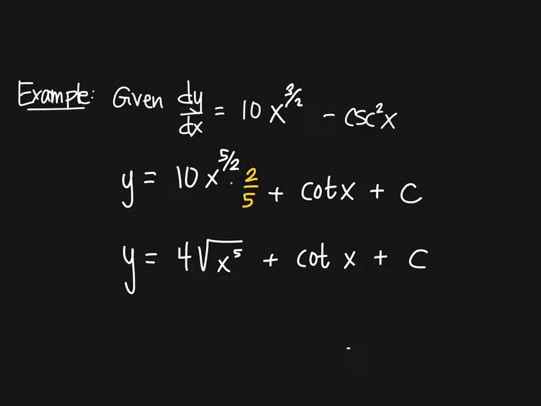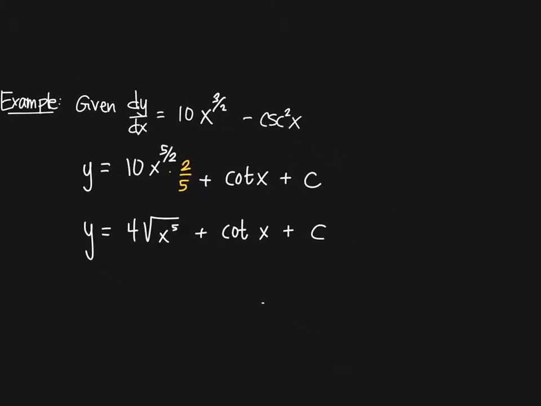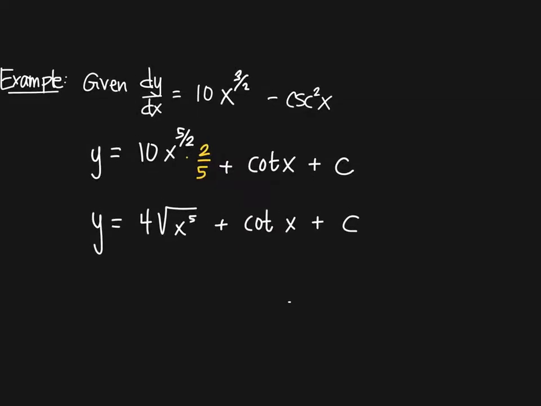If the equation also gave you 0, 2 as your particular initial point or your initial condition, then you can continue and substitute 0 and 2 into your new equation and solve for c.